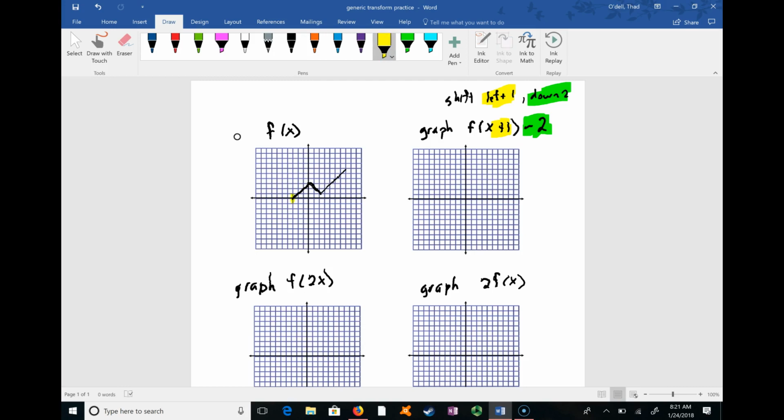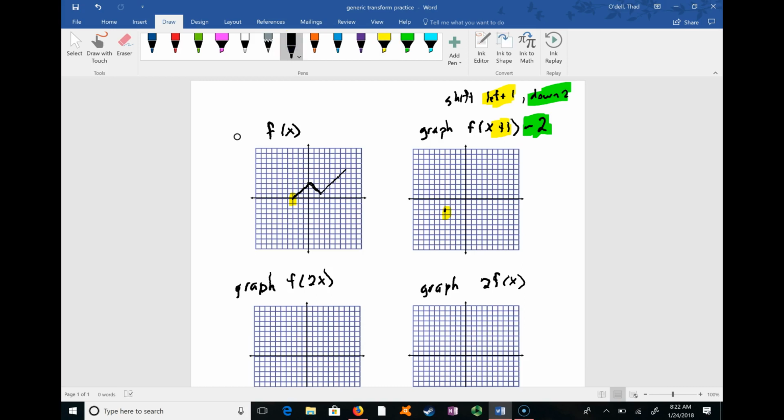this is a key point right here where it hits the x-axis. So if I was to shift that to the left 1 and down 2, so if I go over here, we're going to start at the point -3, 0, and I'm going to go left 1 and down 2, and I end up right down there. So that yellow spot ended up coming right there.